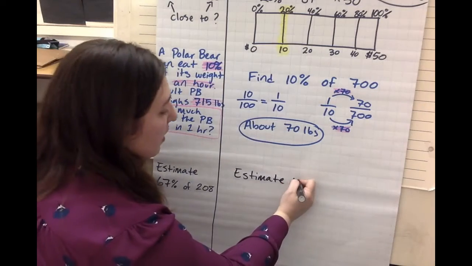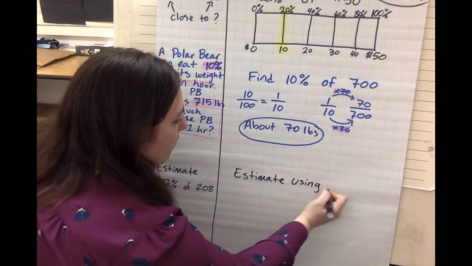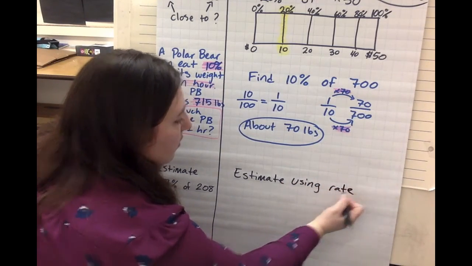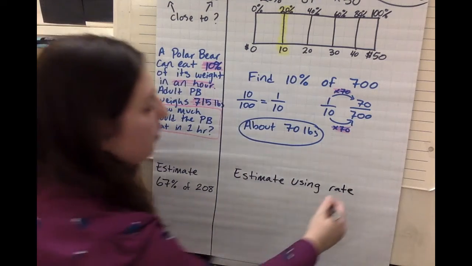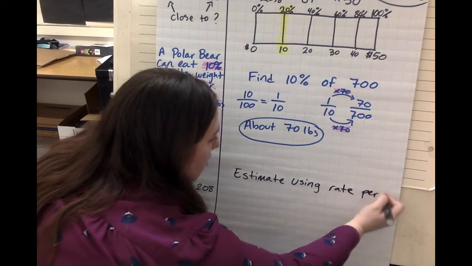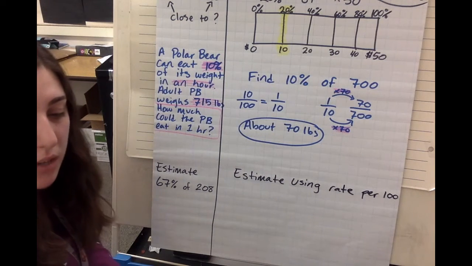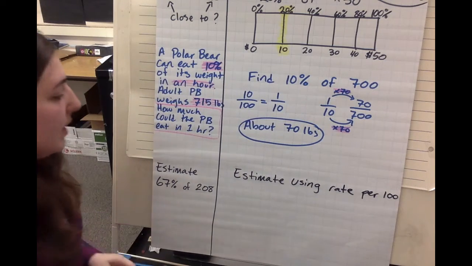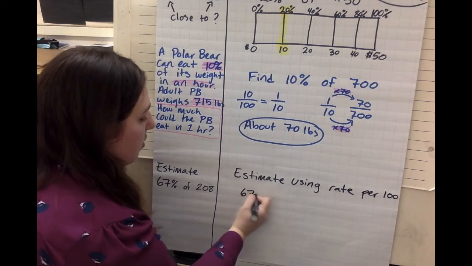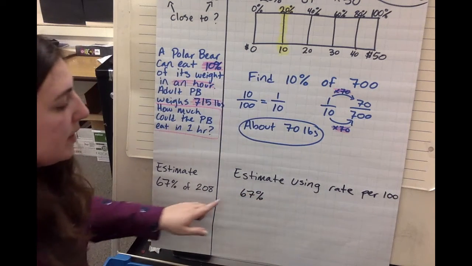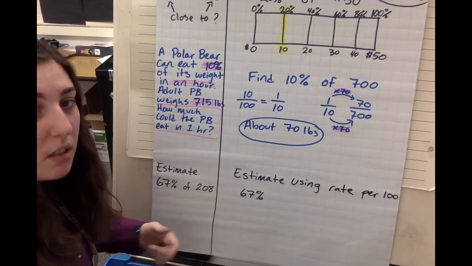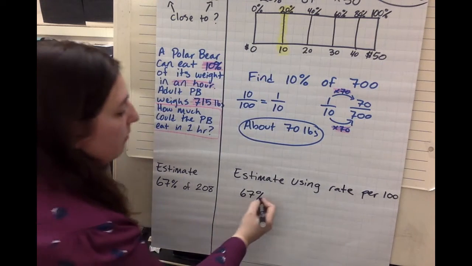Estimate using rate per 100. Okay, so we're using the rate per 100 strategy. We know we have 67%. And 67% means out of 100.